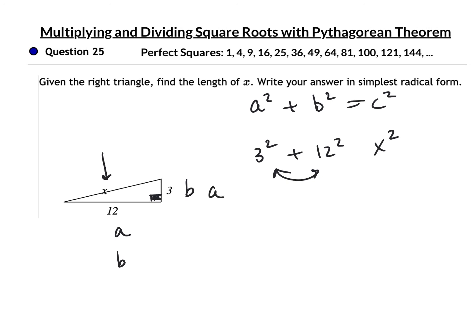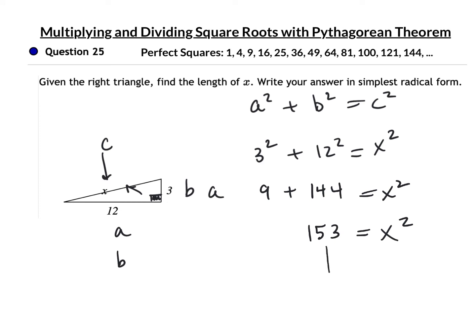Same difference. You're going to square them and add them. But c is always the hypotenuse, always opposite the right angle. This simplifies to 9 plus 144 equals x squared. 9 plus 144 is 153 equals x squared.